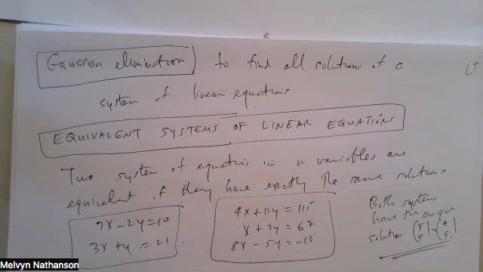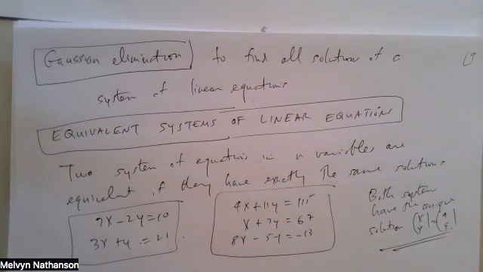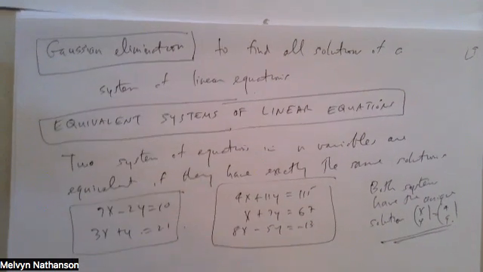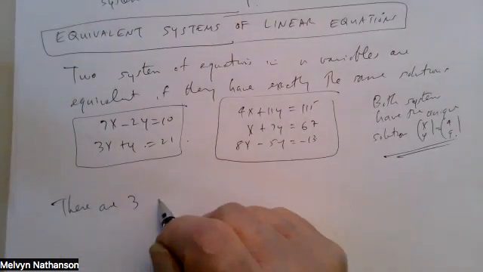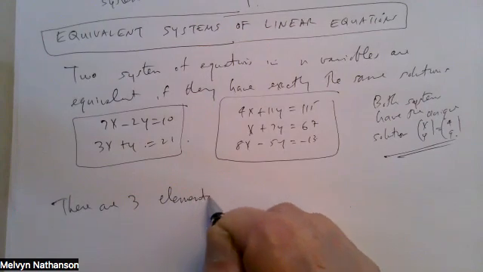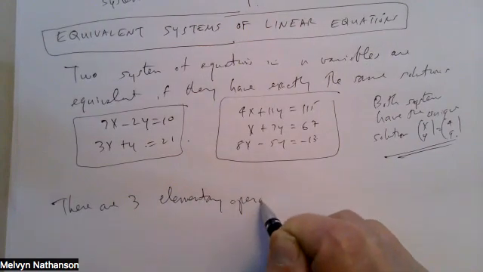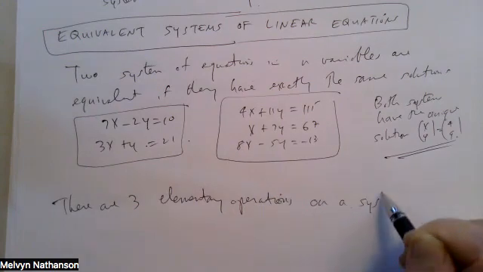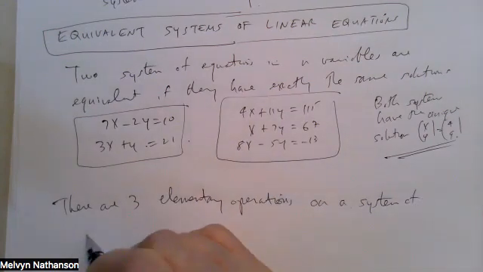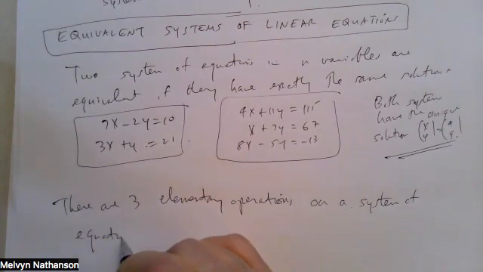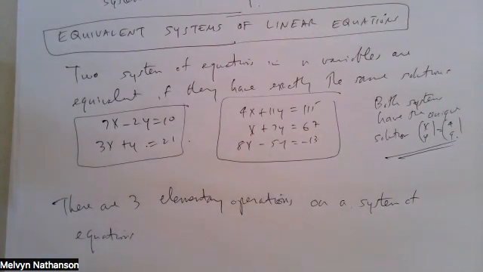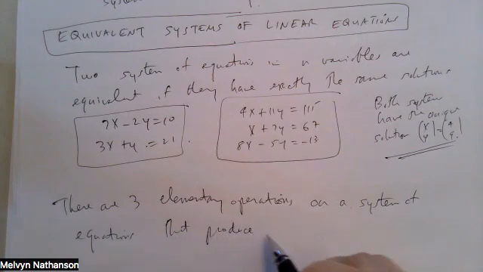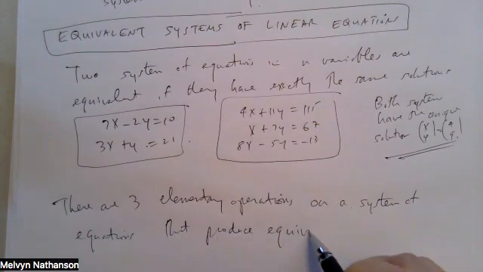So suppose you have a system of equations. It turns out there are exactly three, well, there can be more than three, but I'm going to write down three elementary operations on a system of equations that produce equivalent systems.